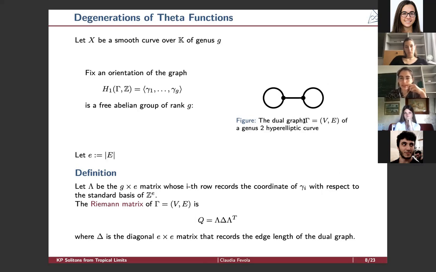It is called a dual graph because there is a duality between the vertices and edges and the components of the curve.